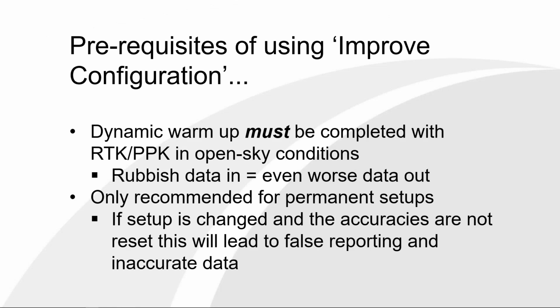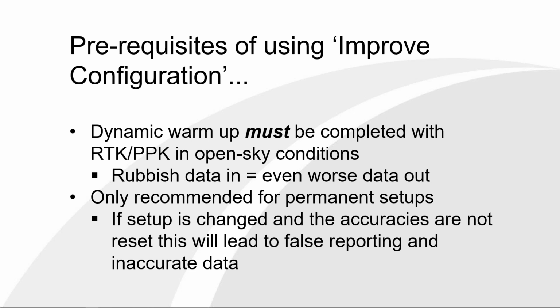Improved configuration has some prerequisites. To use this, we need to have a dynamic warm-up that must be completed with RTK accuracy or post-processed accuracy, so either real-time or post-process corrections.